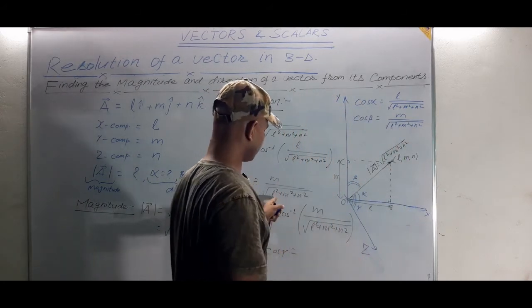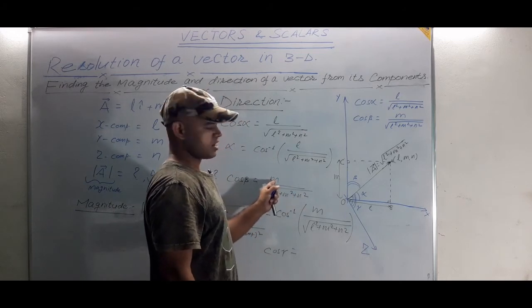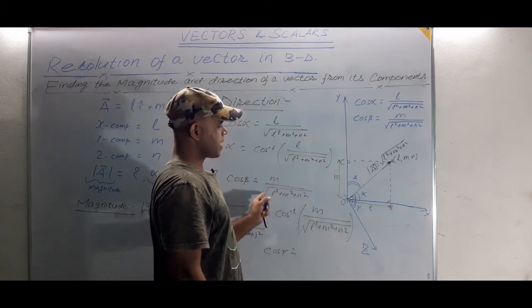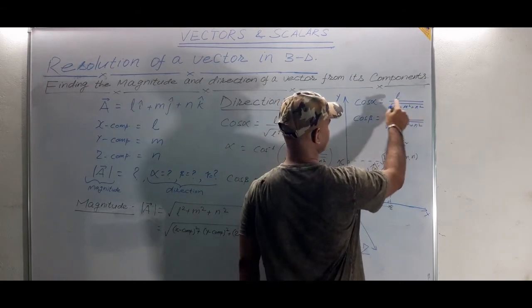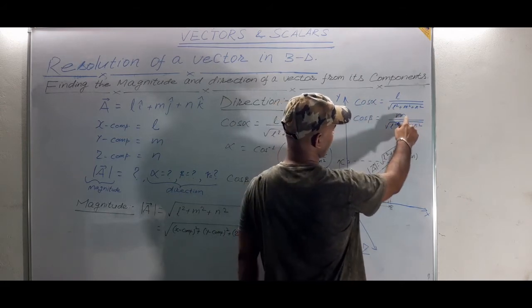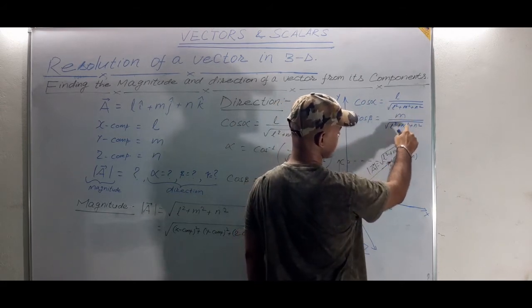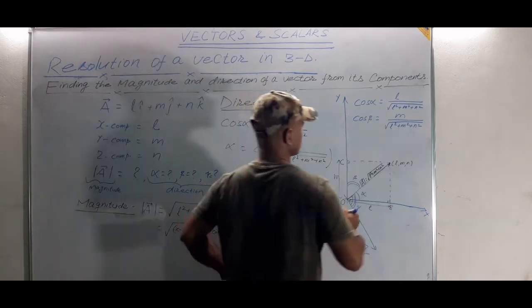M is its y component, and this is the magnitude of the vector. So the x component upon the magnitude of the vector will give the angle with respect to the x-axis, and the y component upon the magnitude of the vector will give the angle with respect to the y-axis.